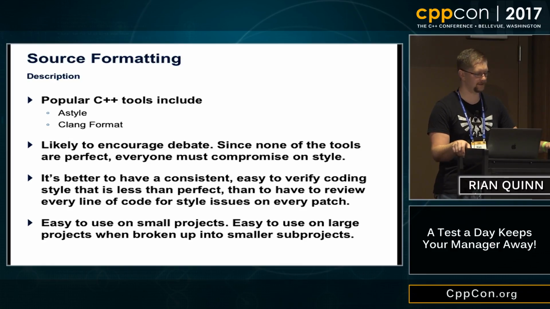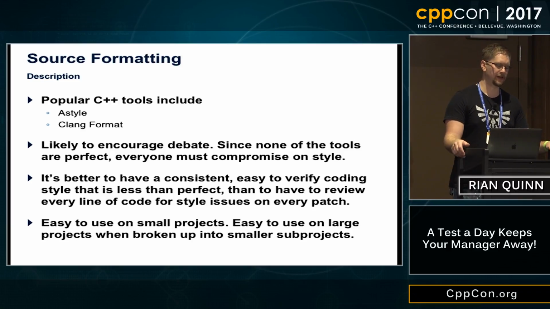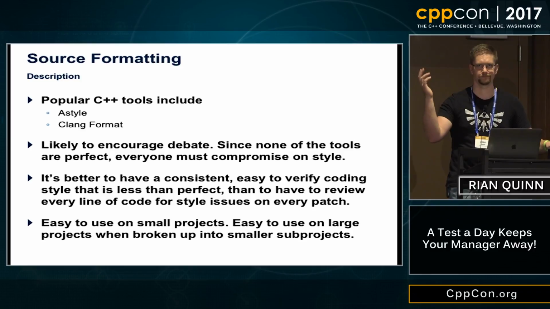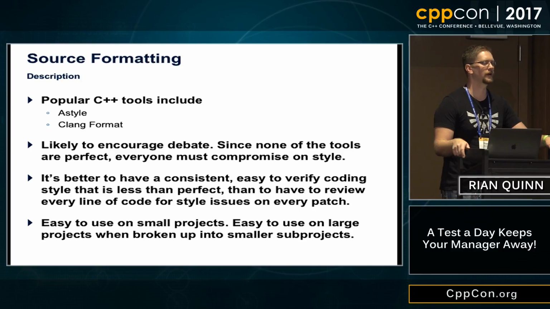The other note I'll make, and one reason I like A-style over Clang format, is that you really want to package up your source formatter and some of these tools in general with the environment, on a specific version, and with your build system. The reason being is that if I take, say, A-style version 2.x or whatever and run it against my source code, and somebody else happens to have A-style 3.x, they're going to find different things.